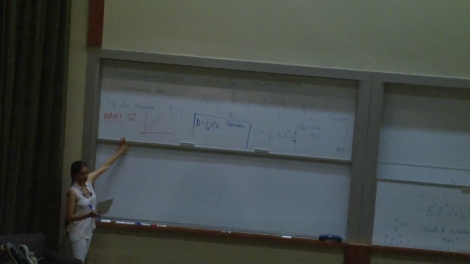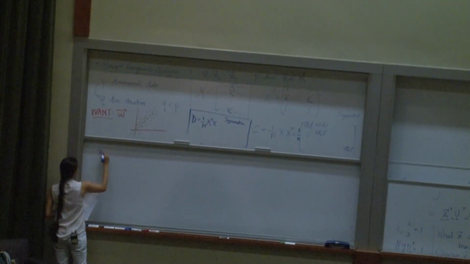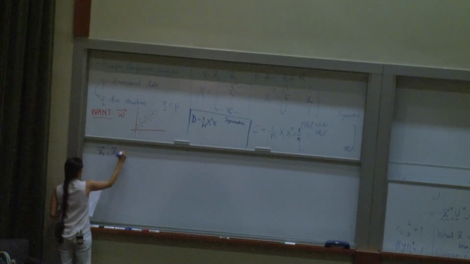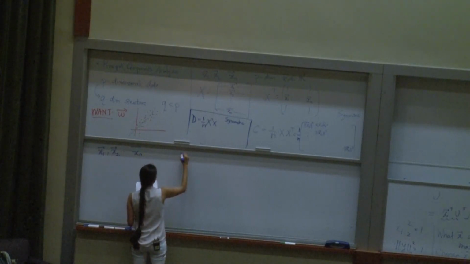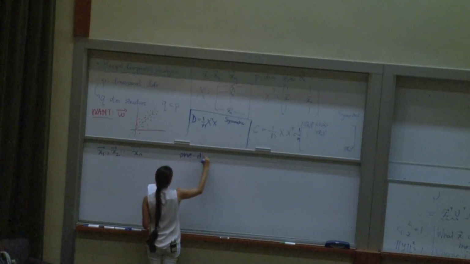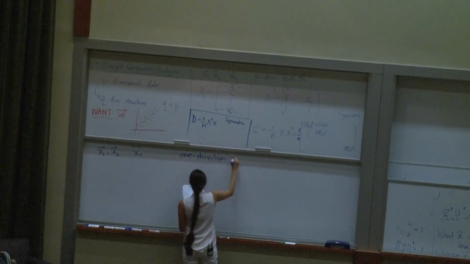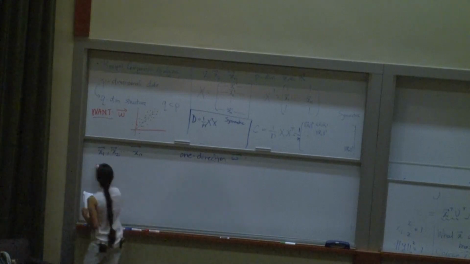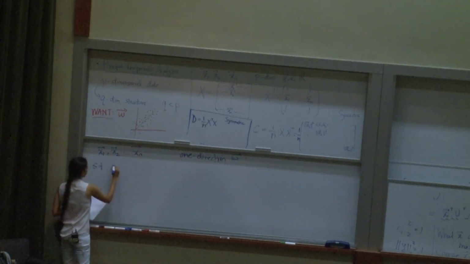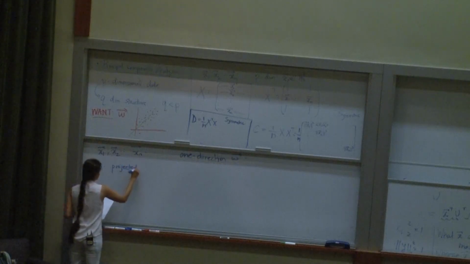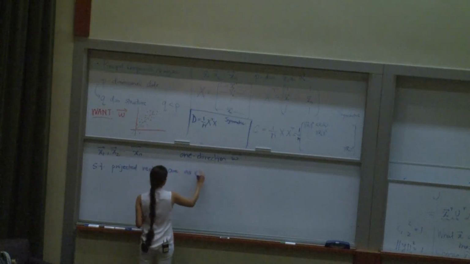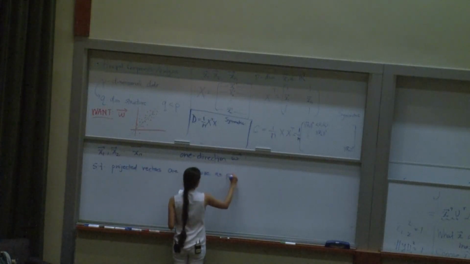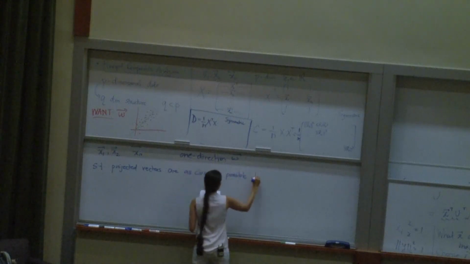Let's see if I can get this to go up. So what we're going to do is see how we can find, for given data points x1, x2, all the way up to xn, the first principal component, so one dimension, or one direction, w, such that the projected vectors are as close as possible to the original vectors.